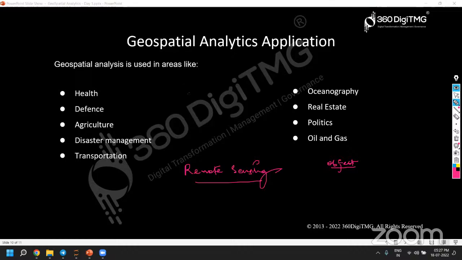When I talk about GIS or geospatial analytics, the logic is limited only to geographic data. But getting the geographic data is the biggest challenge. It involves a lot of ground to be covered, and it costs a lot to do that survey.